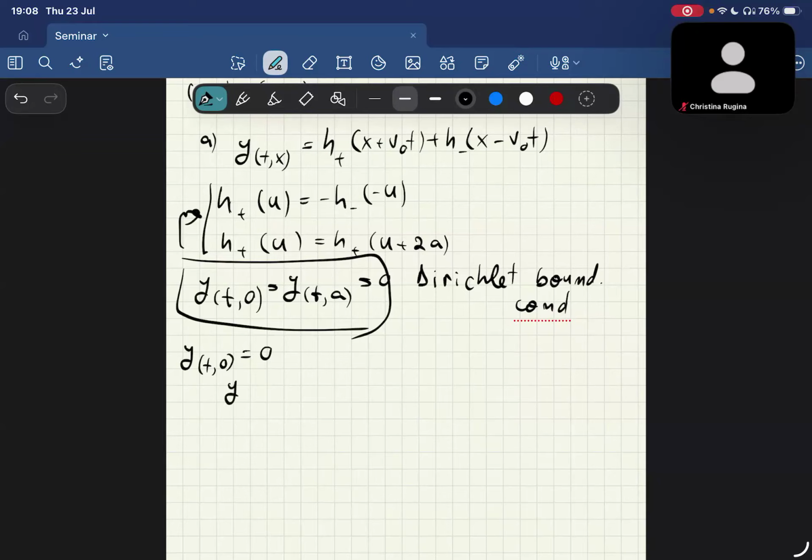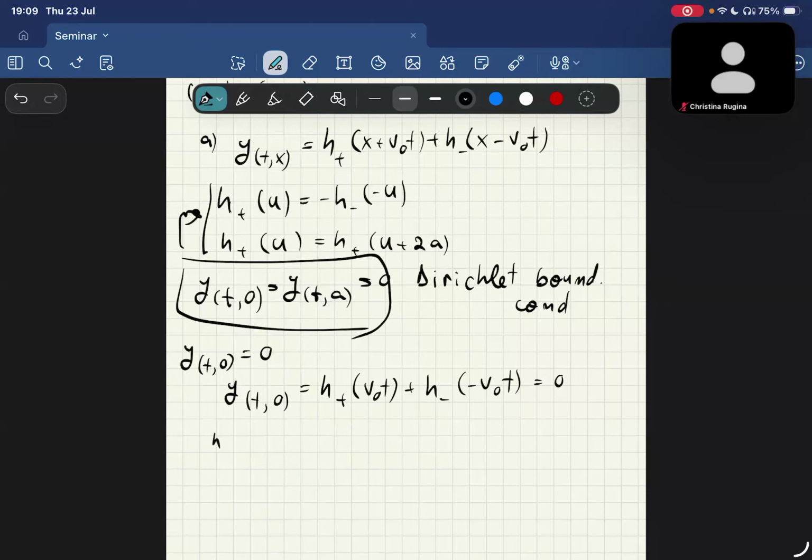That means y of t, 0 is equal to h plus of v0t plus h minus of minus v0t is equal to 0. Okay, so to get a relation out of this, of course, we move something to the right side.